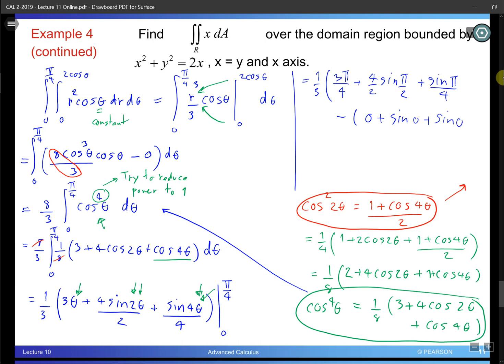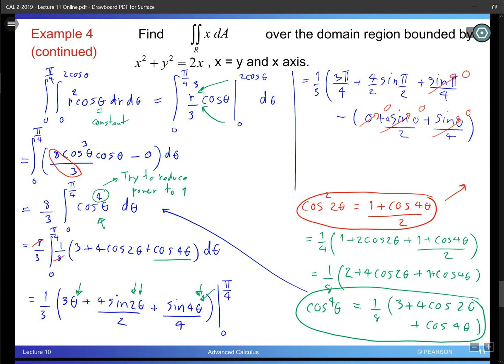Well, you can keep this 4 over 2 right here and this divided by 4 right here, but it doesn't matter because you know that this goes to 0. Sine 0 is 0. Sine pi also 0.